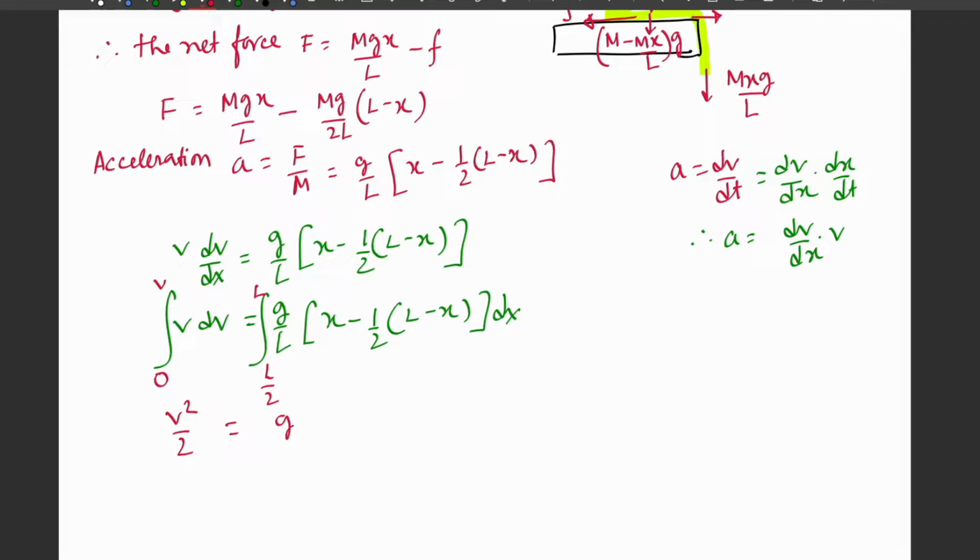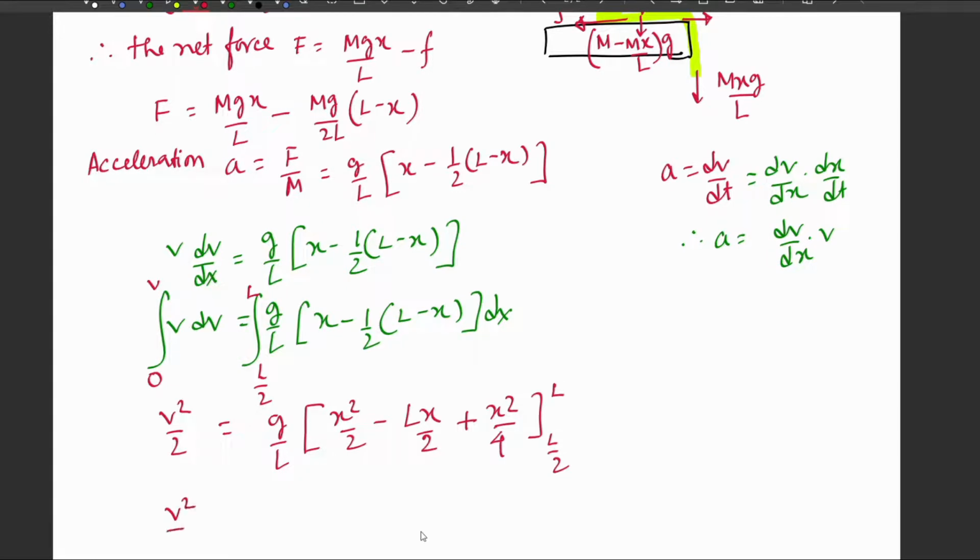Now here g by L. If you simplify it, this is x square by 2 minus lx by 2 plus x square by 4, and the limit is L by 2 to L.